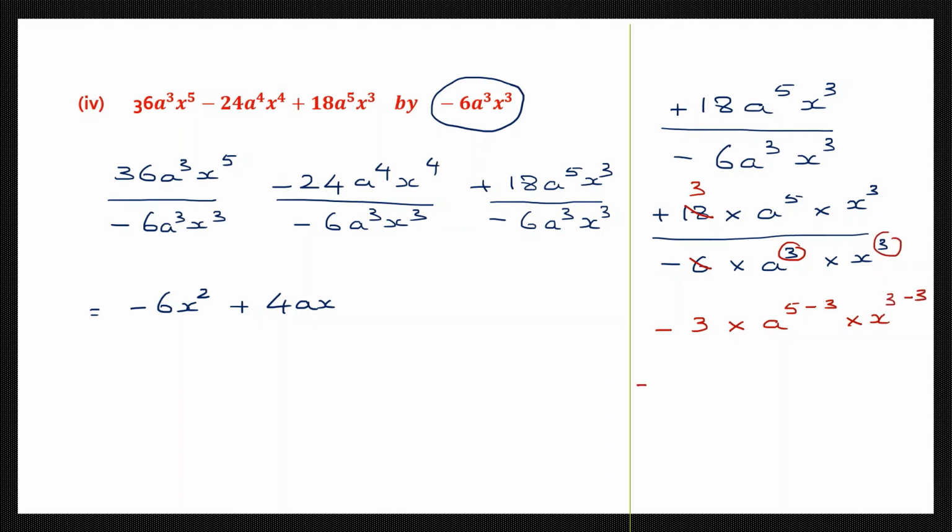So here we have minus 3 into a to the power of 2 into x to the power of 0, which is minus 3 into a square into 1. So that will be minus 3a square. So here we'll write minus 3a square.